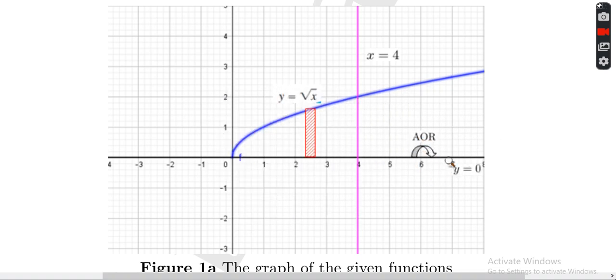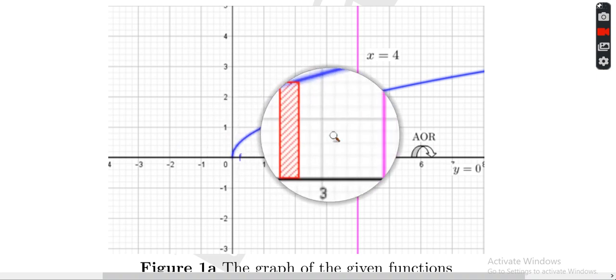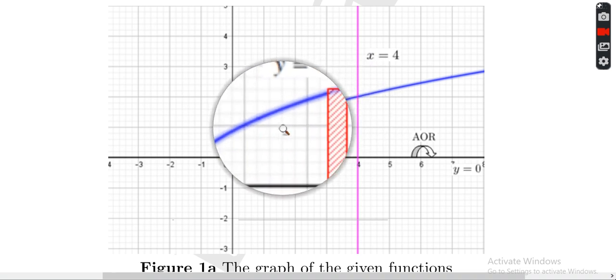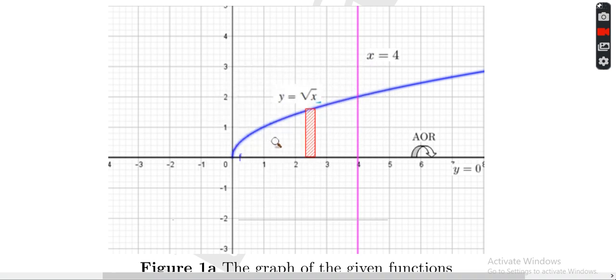Ibig sabihin, ma-form ang solid by rotating along the x-axis. So yung ating region is this one. Ito yung region ng ating functions. This is the area common dun sa ating mga functions.